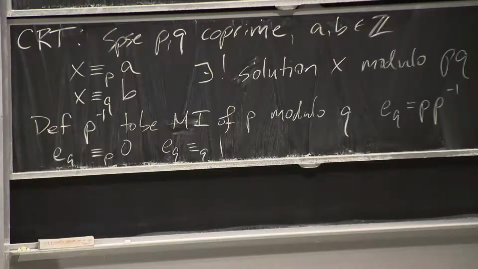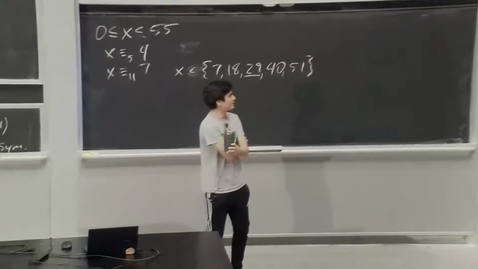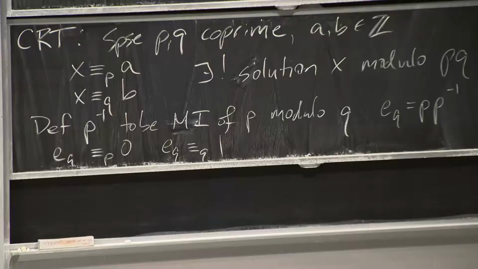So how can we use e sub q to get x? Remember, we're thinking of the special case where a equals 0, so we're trying to find a multiple of p that's congruent to b modulo q.